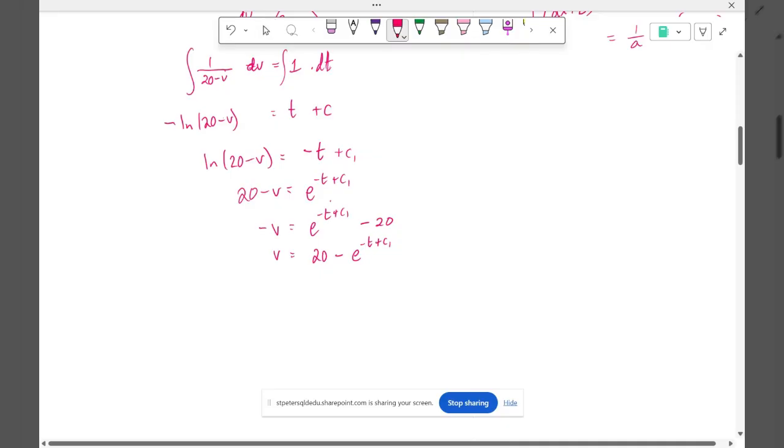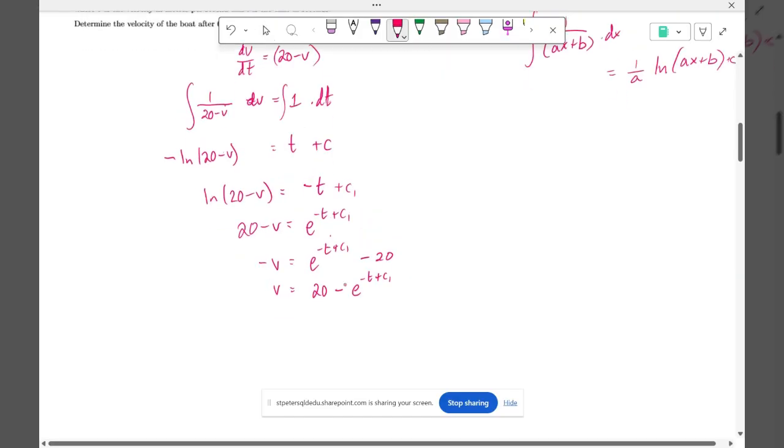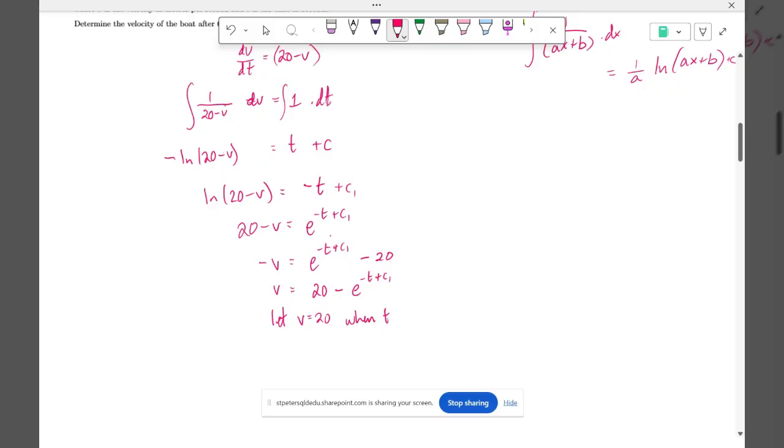And now I could substitute in v equal 20 when t equals 0. And we have that same problem again here where 20 is equal to 20 minus e to the power of something, but this e to the power of something has to equal 0, and we know from our exponential graphs that's not possible.